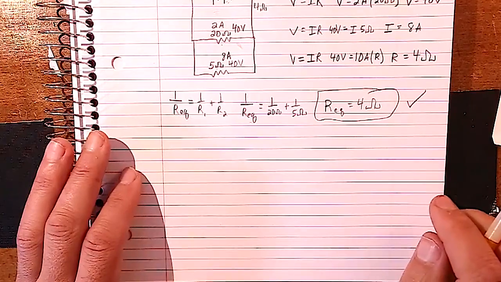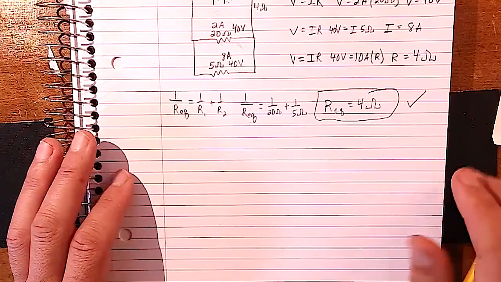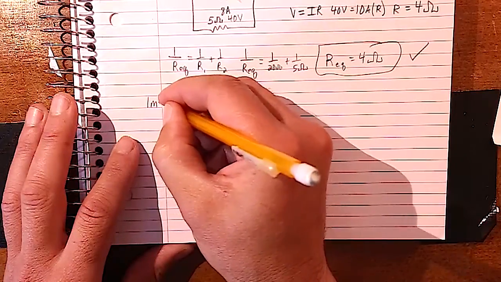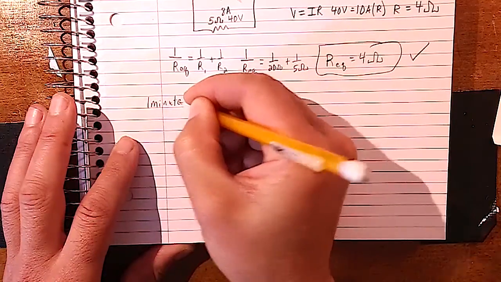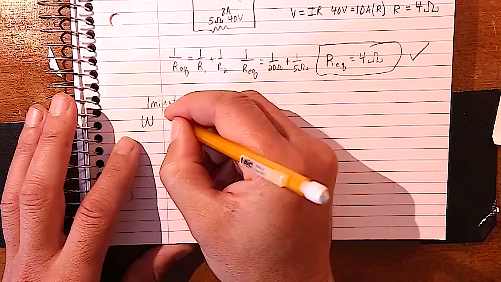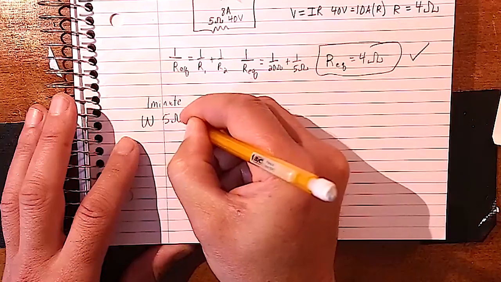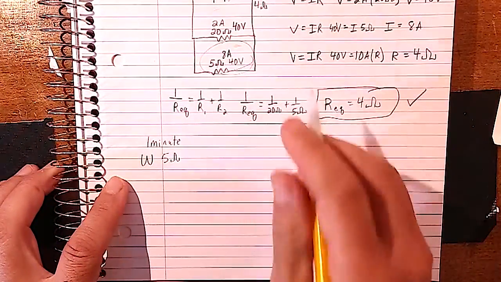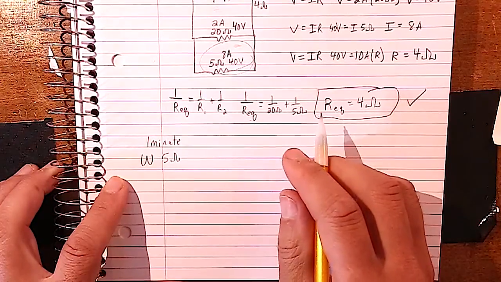the circuit correctly. So lastly, let's say that the circuit was run for 1 minute, and they ask us, what is the energy consumed in the 5 ohm resistor? Well, all we have to do is look at our information in the 5 ohm resistor.